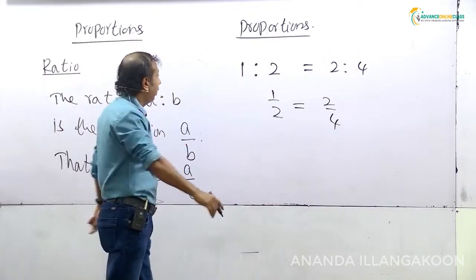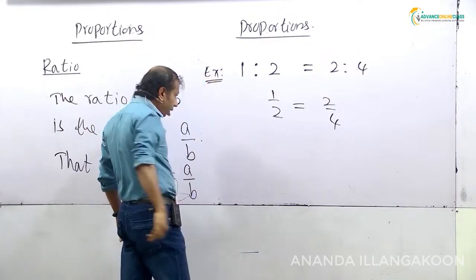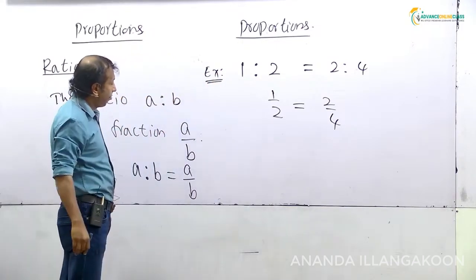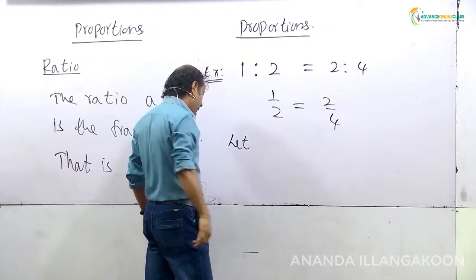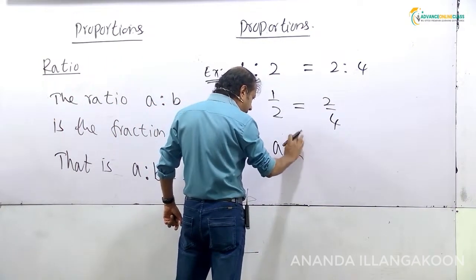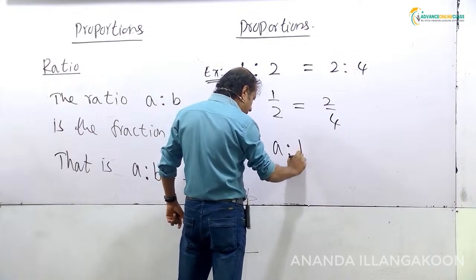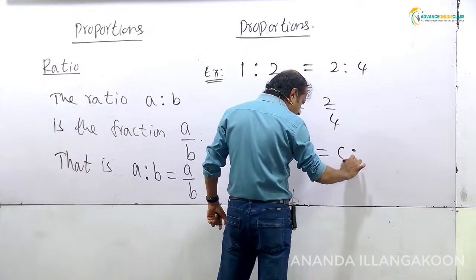This is the simplest way of writing a proportion. Right? Example, write down. Then we can write the next one. Let A is to B ratio equal C is to D ratio.